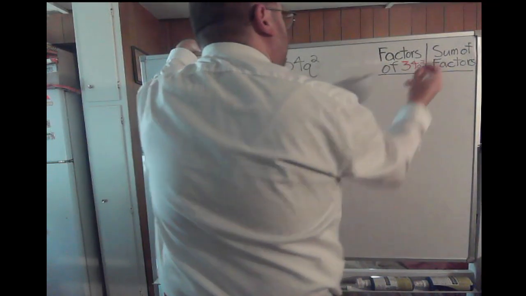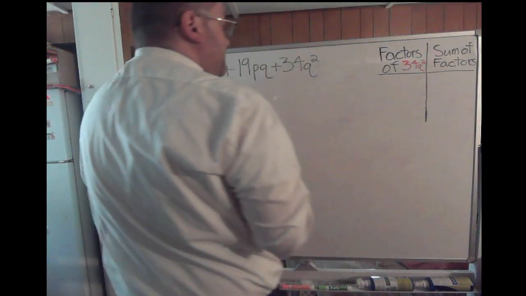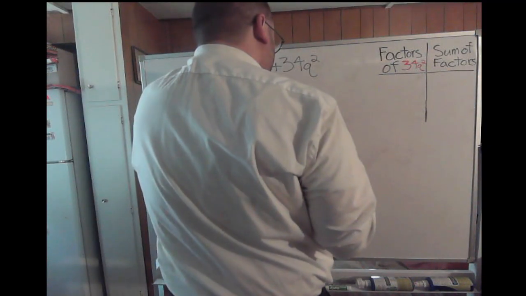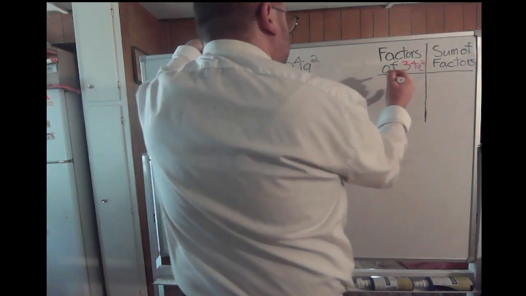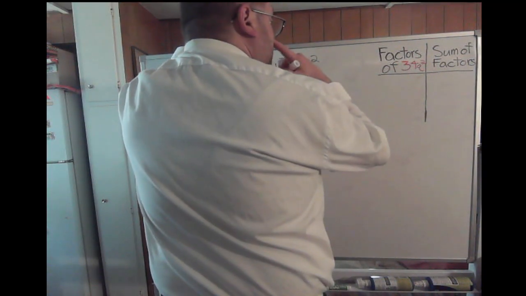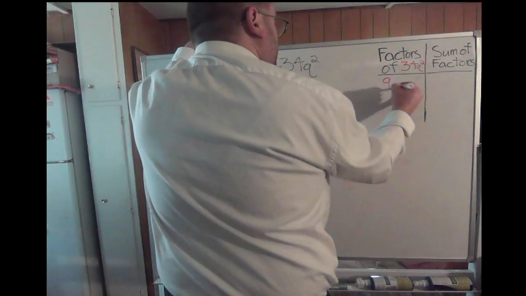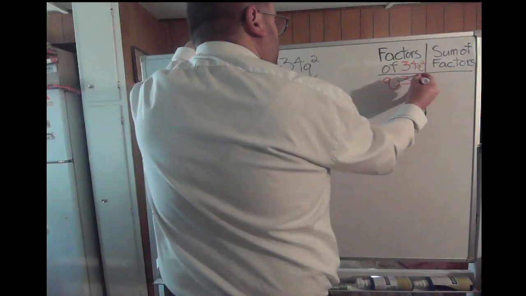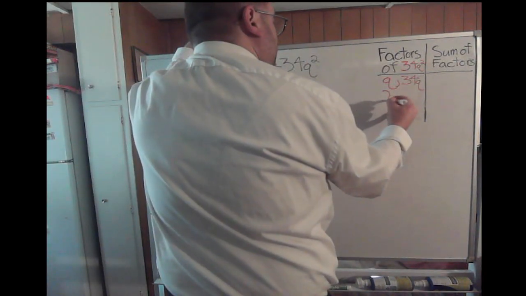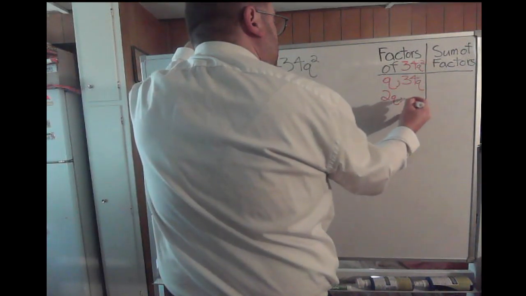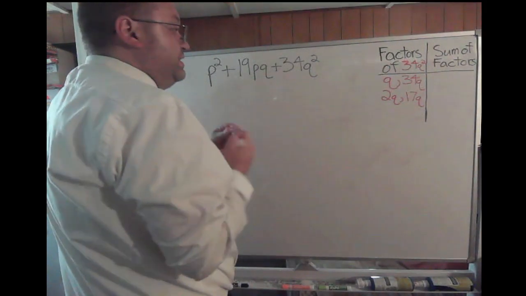Alright, we need to find positive factors of 34Q squared. Well, let's see, what would you have? Factors of 34Q squared. You would have Q and 34Q. What else would you have? You'd have 2Q and 17Q, and I think that's all there is.